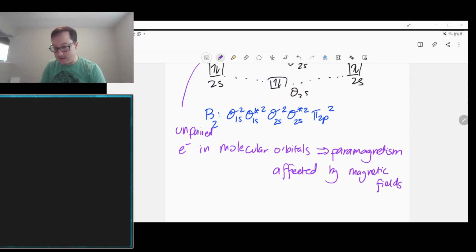And it's interesting, it's actually weakly attracted to magnetic fields.